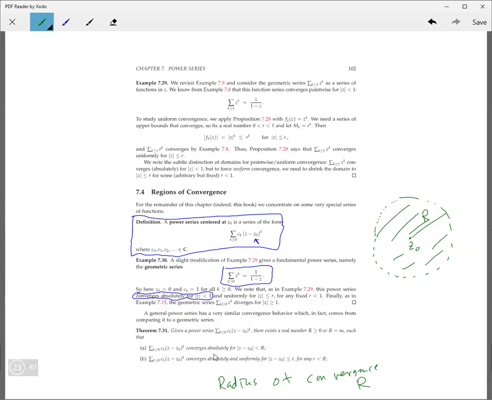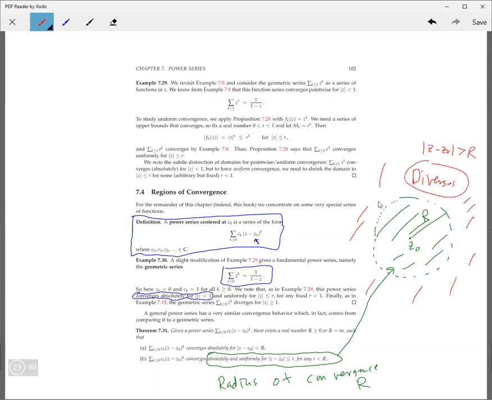What we're saying right here is it converges absolutely and uniformly inside that circle, for modulus of z minus z naught less than or equal to r, for any r that's less than capital R. And the other thing, which is on the next page, is that it will diverge out here, for modulus of z minus z naught greater than R.